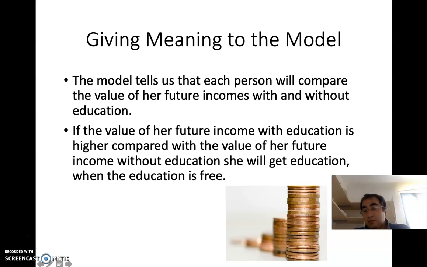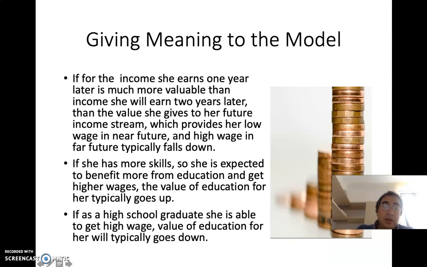For that we need to make the calculation you have seen in the exam. So, if the value of her future income with education is higher compared with the value of her income without education, the person will get that education, if education is free. And if education is not free, the value should be higher than the cost of the education.